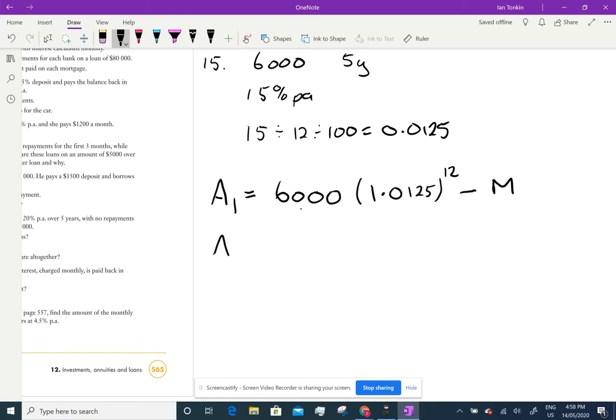At the end of the second year, all of that will have earned 12 monthly interest calculations.